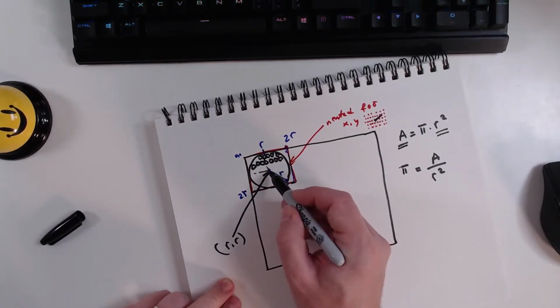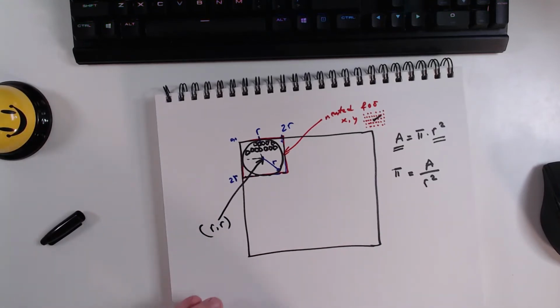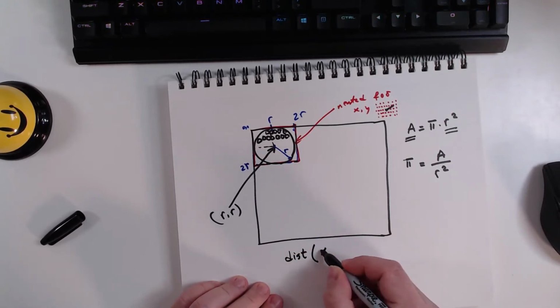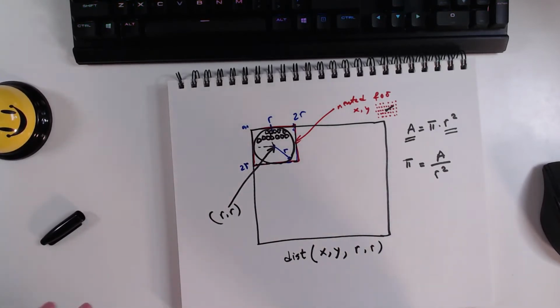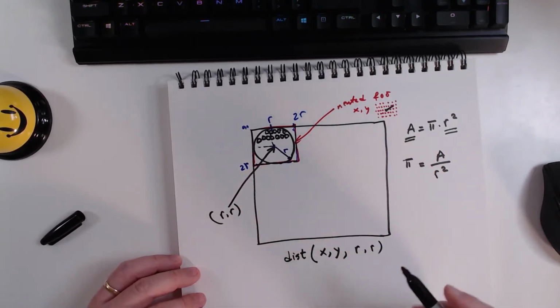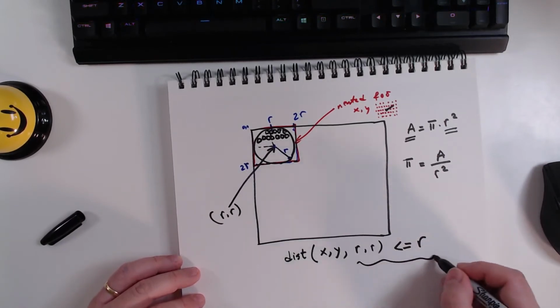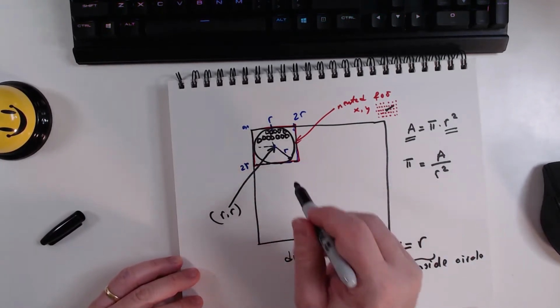Since we are choosing the radius r and placing this in the top left corner at 0, 0, the center is at radius r. So we are calculating the distance between an arbitrary pixel at coordinates x, y, and the center at r, r. If the distance is less than or equal to r, it means that it's inside the circle.